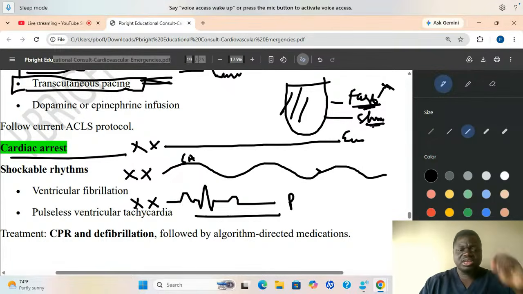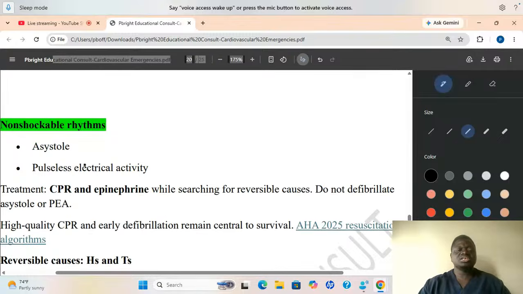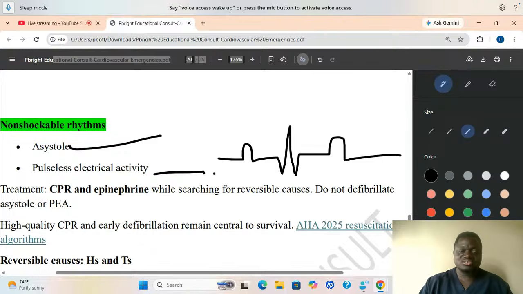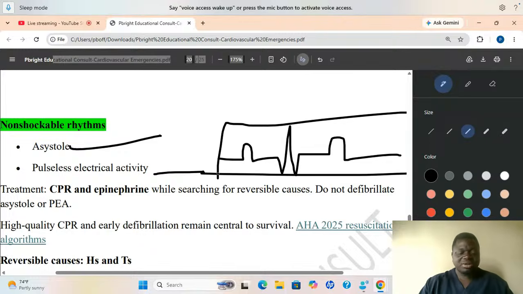And we have the ventricular fibrillation, you shock. Other than these two, any other rhythm is non-shockable, don't shock. Asystole and pulseless electrical activity. In pulseless electrical activity, I'm seeing a normal EKG, a normal cardiac cycle, but physically, is the patient breathing?